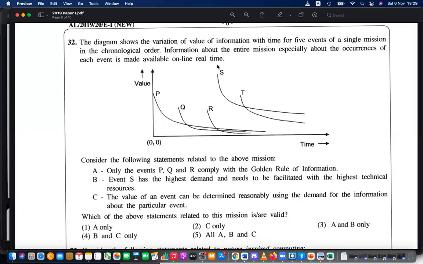But even though the highest demand and highest value is showing, it doesn't mean that you need to allocate the highest technical resources. But it has some high value. Partially true, not fully. The value of an event can be determined reasonably using the demand for the information about the particular event.